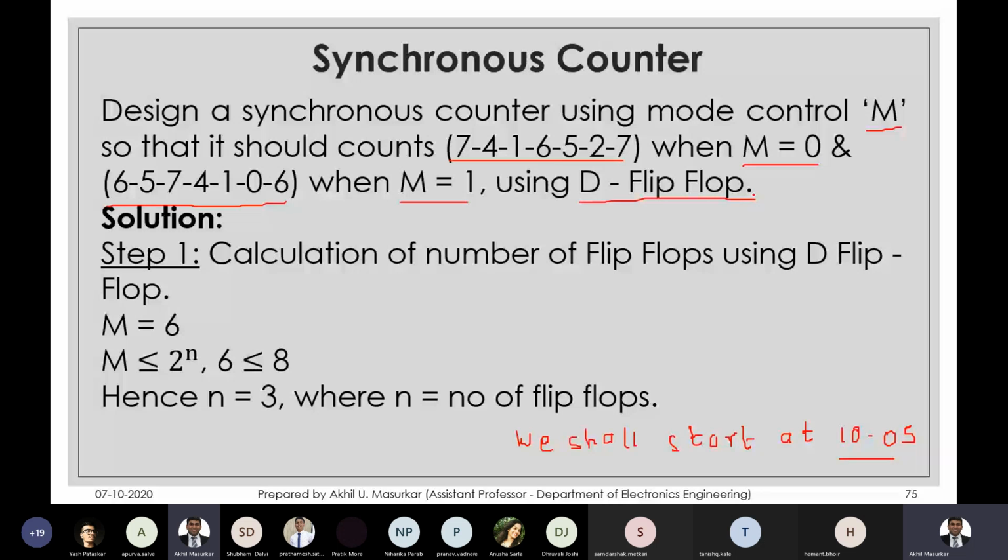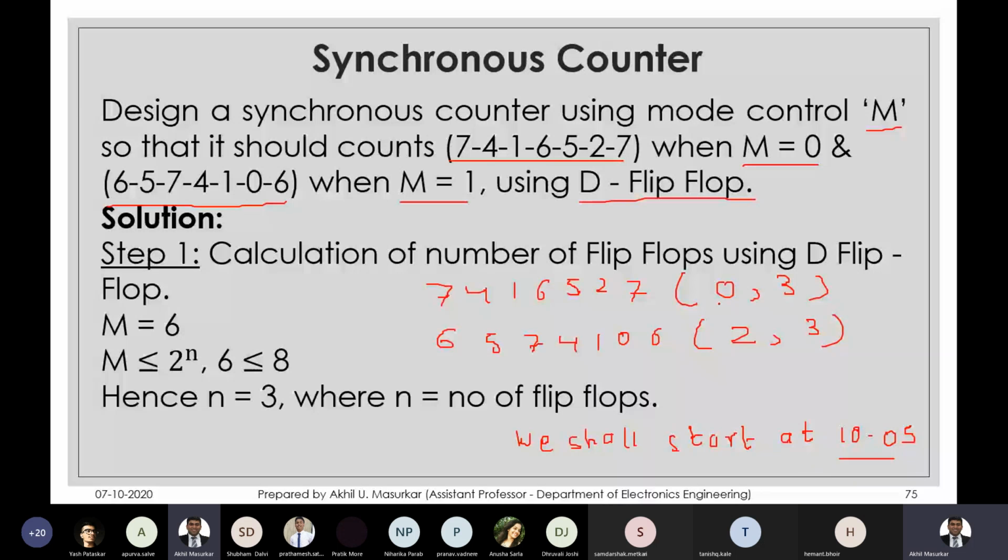Now you can see in both the sequences, in sequence 1, 7416527, the invalid states are 0 and 3. And if you look at the second sequence, 6571 6574106, the invalid states are 2 and 3.